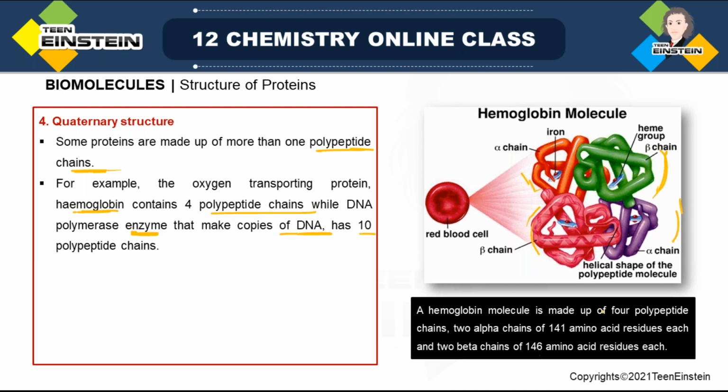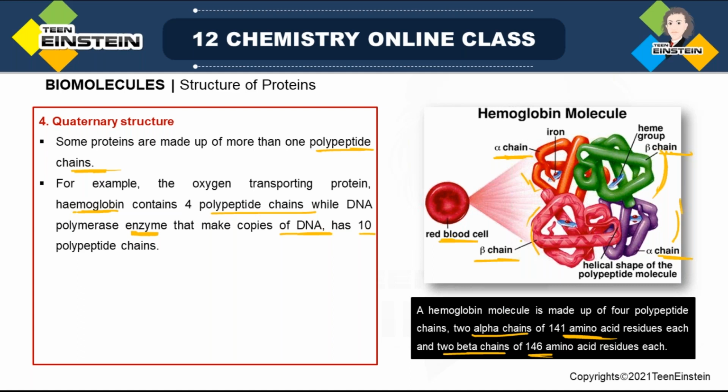Among these 4, two polypeptide chains are called alpha chains. So this is alpha, the red one and the purple one, containing a total of 141 amino acid residues. And there are also 2 beta chains. This is beta, the pink one, and the green one is also beta, containing 146 amino acids. But there are a total of 4 units, that is 4 polypeptide chains, and hemoglobin is present in red blood cells, that we know.